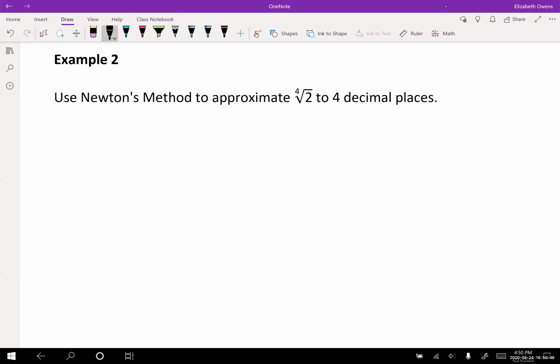So the big question is, what equation is the fourth root of 2 a root, meaning a 0, of? What equation is that a 0 of?